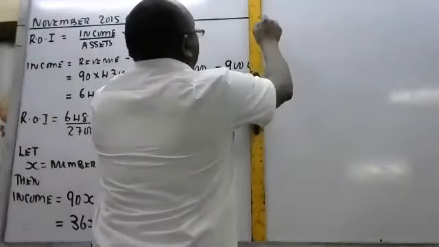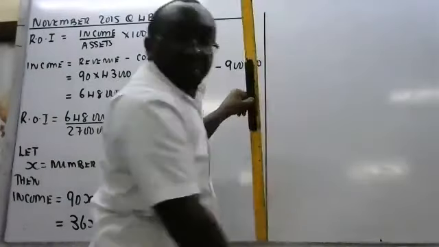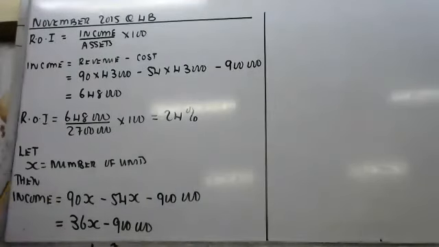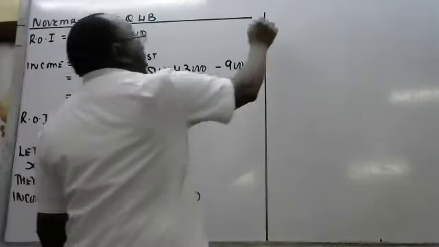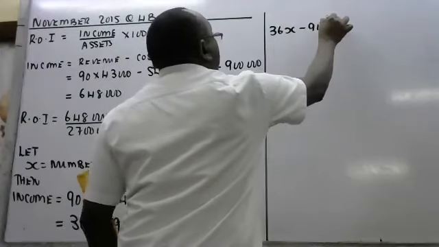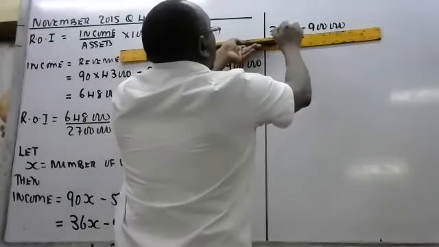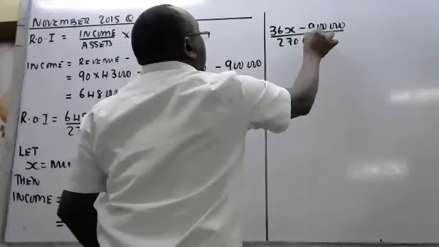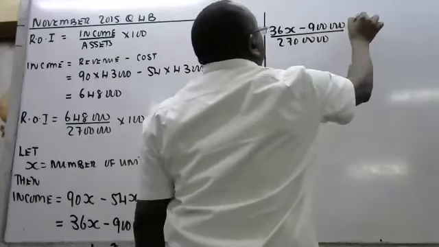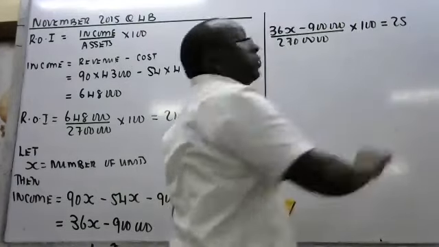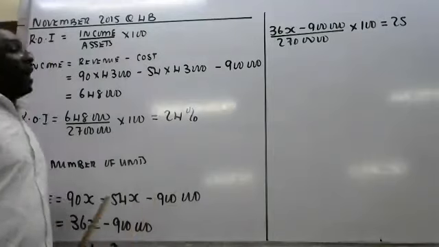So if that is our income, coming here now, I will say that 36x minus 900,000, you divide by 2.7 million, times 100 should be equal to 25.